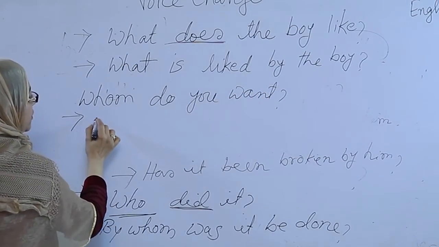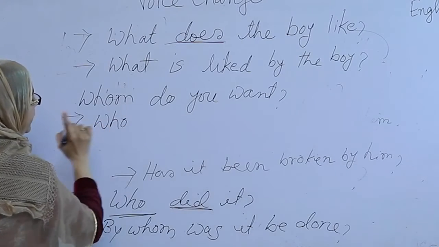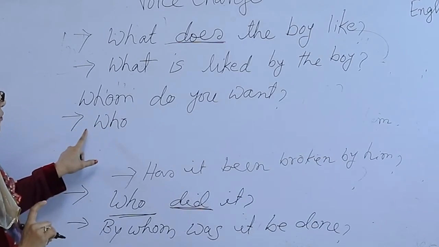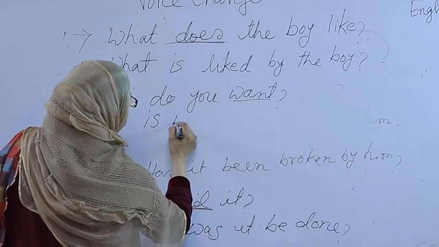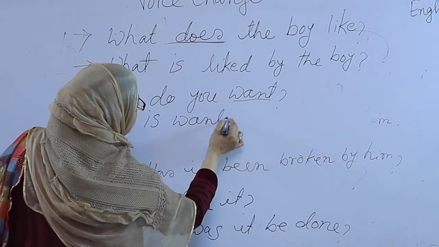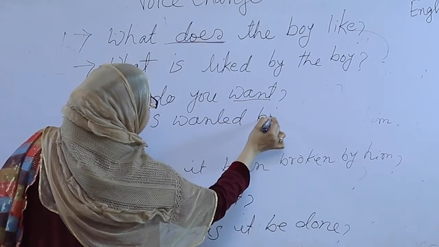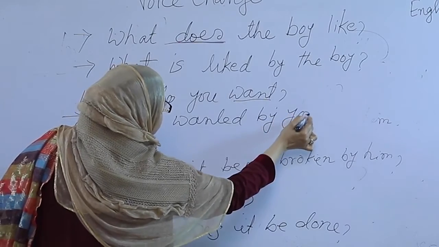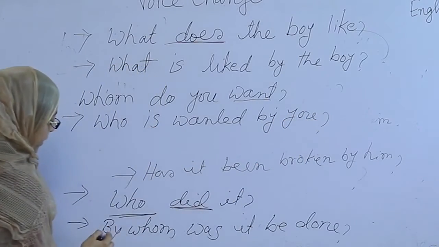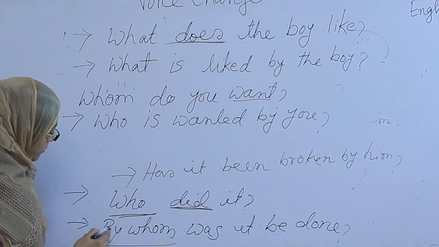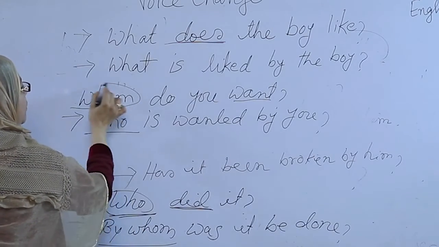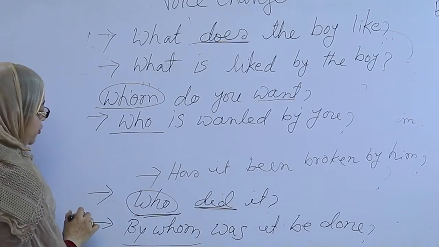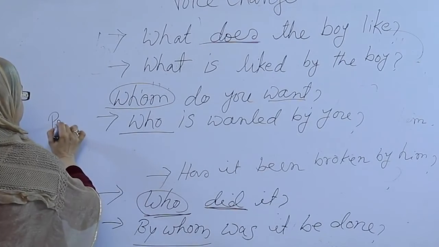I use who when I turn it into passive. Who is wanted by you? So, look at the board. I use by whom instead of who, and who instead of whom, when I turn it into passive.